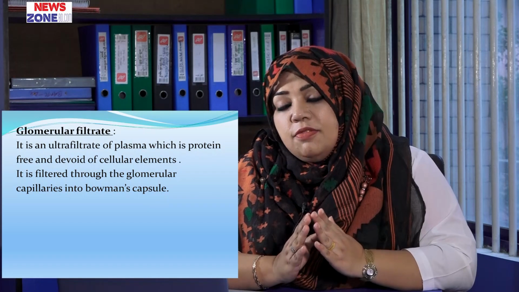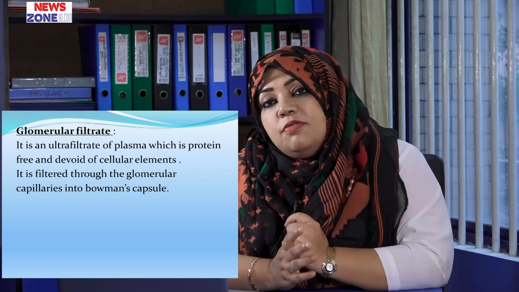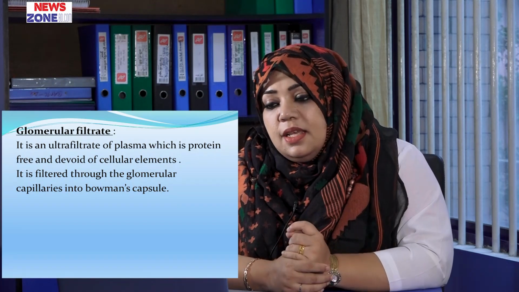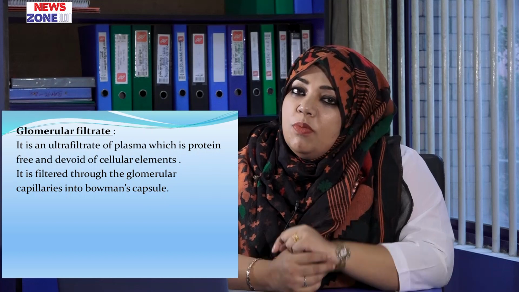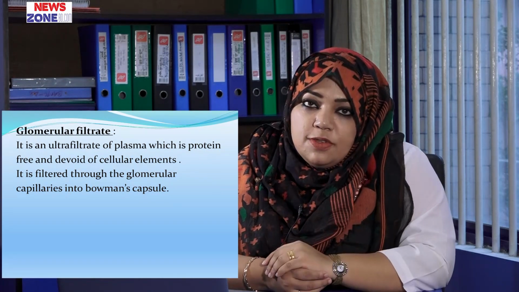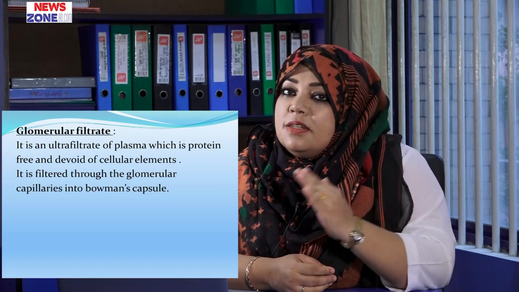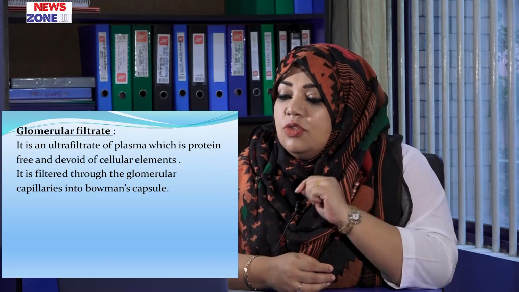It is an ultrafiltrate of plasma which is protein free and devoid of cellular elements, and it is filtered through the glomerular capillary into the Bowman's capsule. So from the glomerulus, which is a tuft of capillaries, the plasma is filtered through the glomerular membrane and then it enters into the Bowman's capsule.